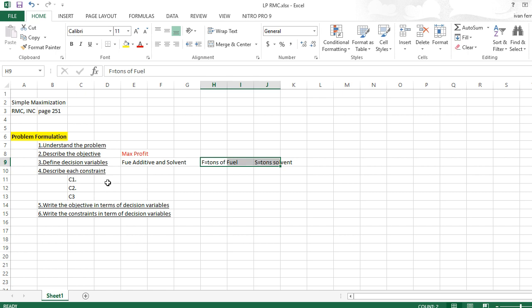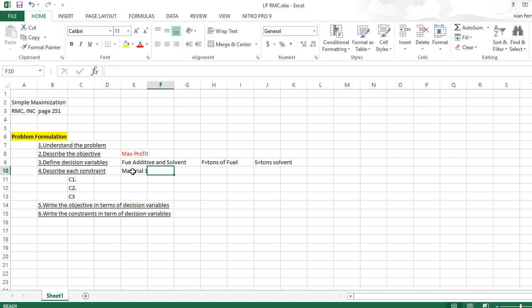Looking at the textbook, let's see. First constraint: the number of tons of material 1 used must be less than or equal to the 20 tons available. So right now, apparently there are 3 materials, all right? So let me write that down as well.